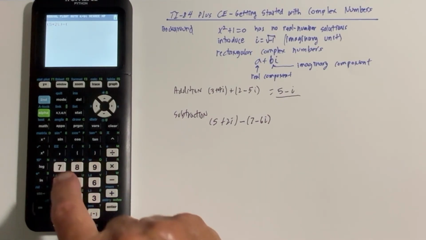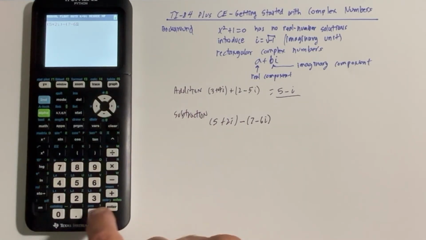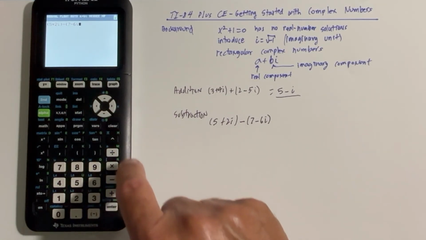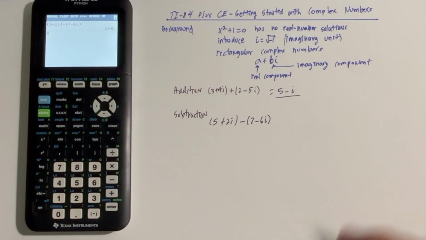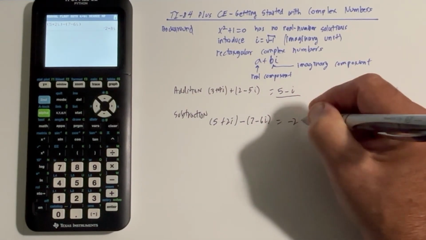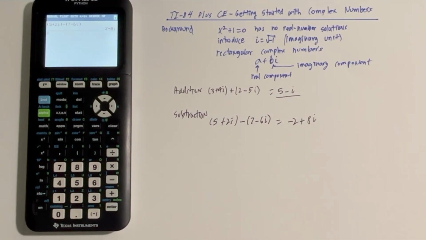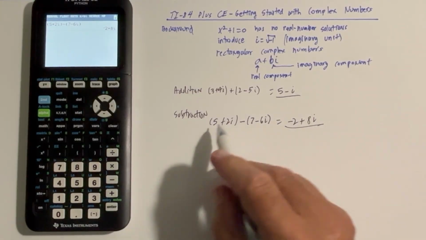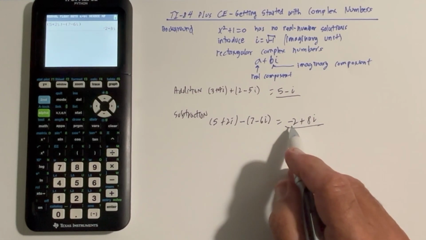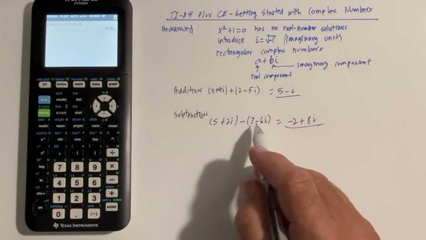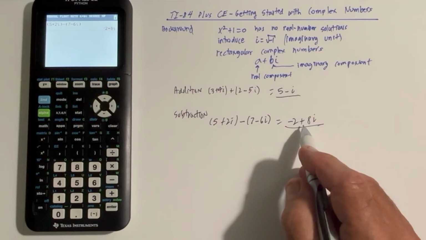In our second number, 7 minus 6, second i, close the parenthesis, hit enter. Okay, we're going to get minus 2 plus 8i. So there's our answer. 5 minus 7 is minus 2, and then 2i minus 6i, and that's a minus, so it's minus 8i, so that checks.